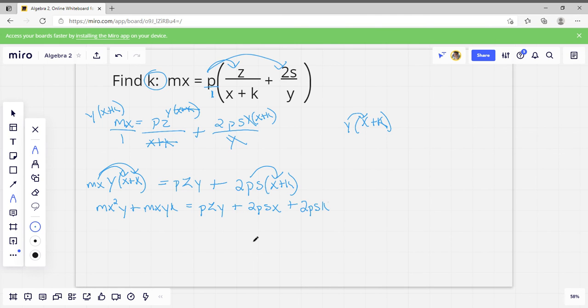Okay, so now I've gotten rid of my denominator, and now I have to move all of my k's to the same side of the equal sign. So I've got a k here, and I've also got one there, so I need to get rid of this. And then I need to move this one.